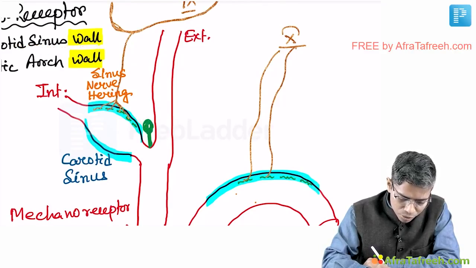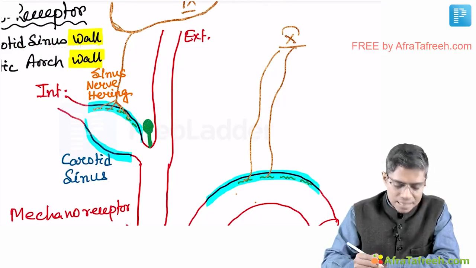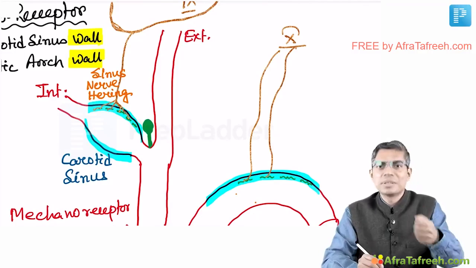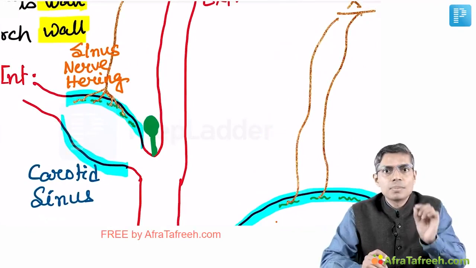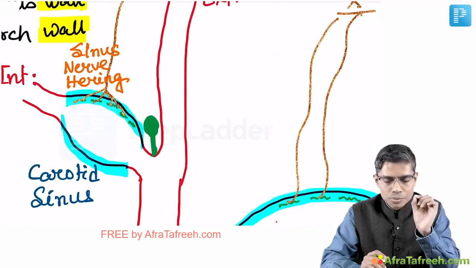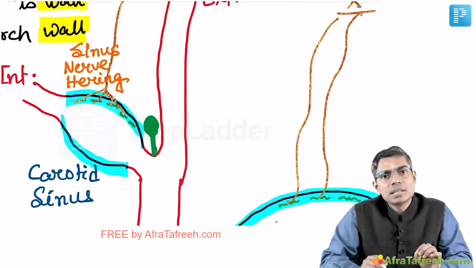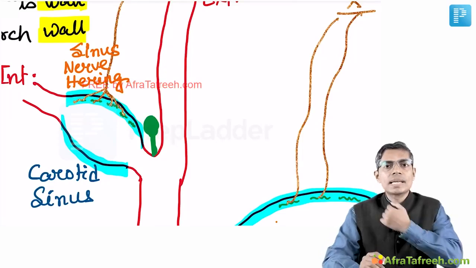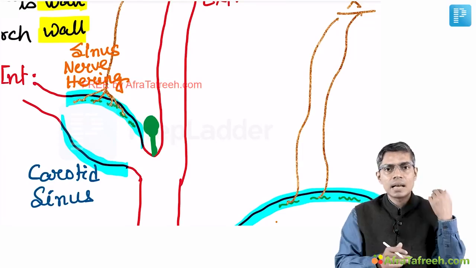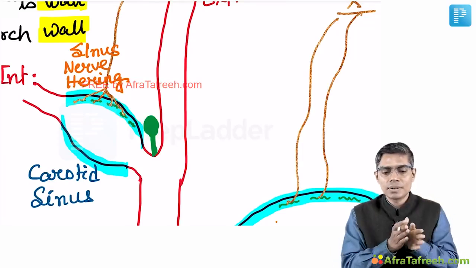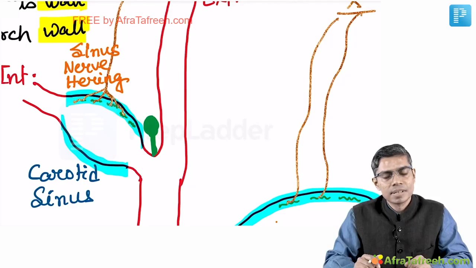The shape of this tissue is just like a tennis racket or badminton racket. This tissue is known as the carotid body. One carotid body is on the right side where the internal and external divide, and another carotid body is on the left side.